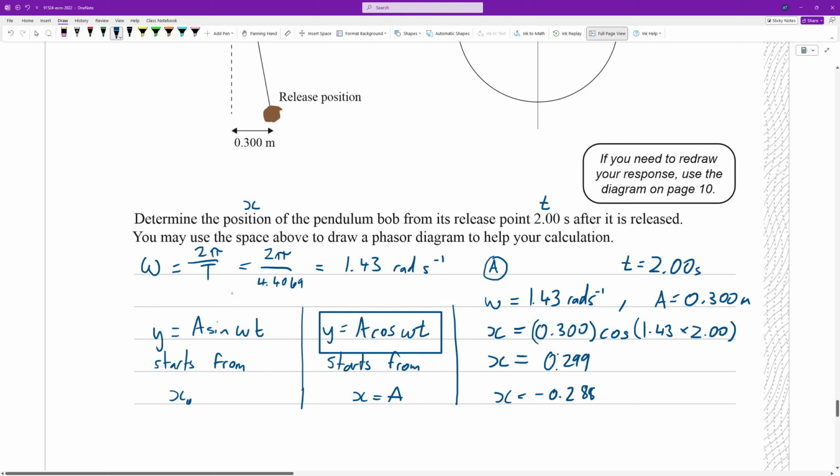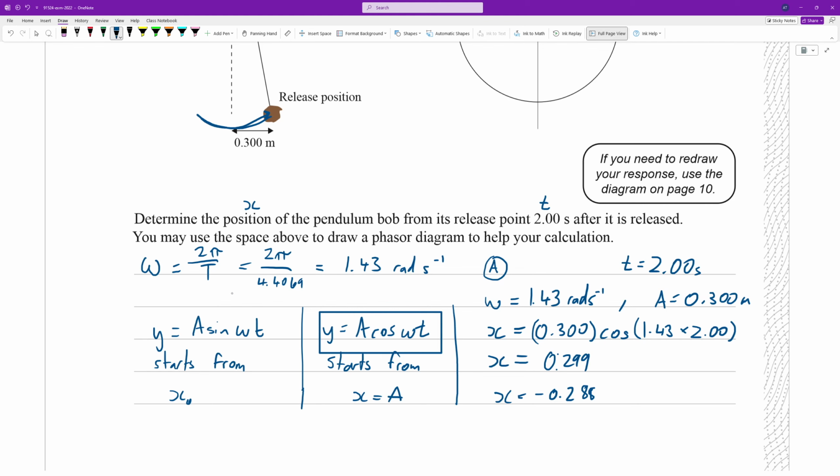Okay, so those are quite close, which doesn't help for the common sense check. So 0.299 would mean that it swung and it came back and it almost reached the 0.3 meters, right? It's 0.001 meters off.